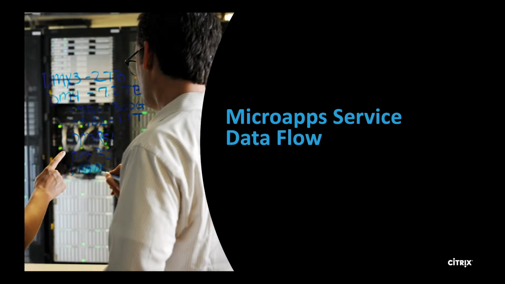Now let's have a look at how the data flows throughout the components I was talking about. I think it's important to understand because you will be building something that will basically flow the data through.